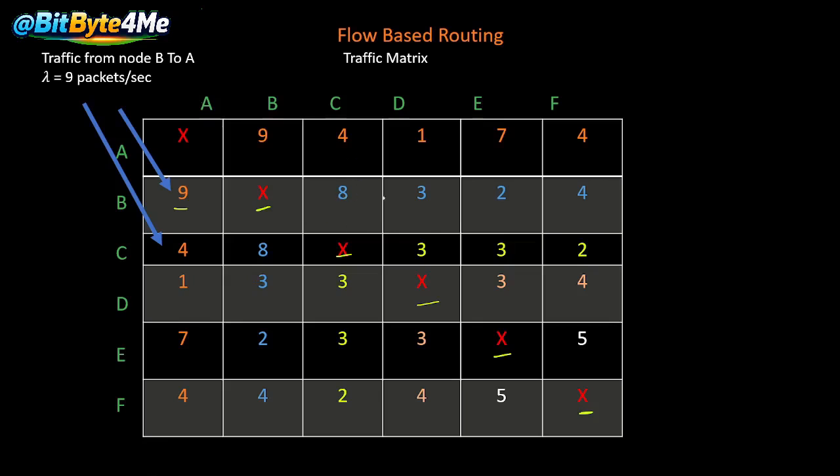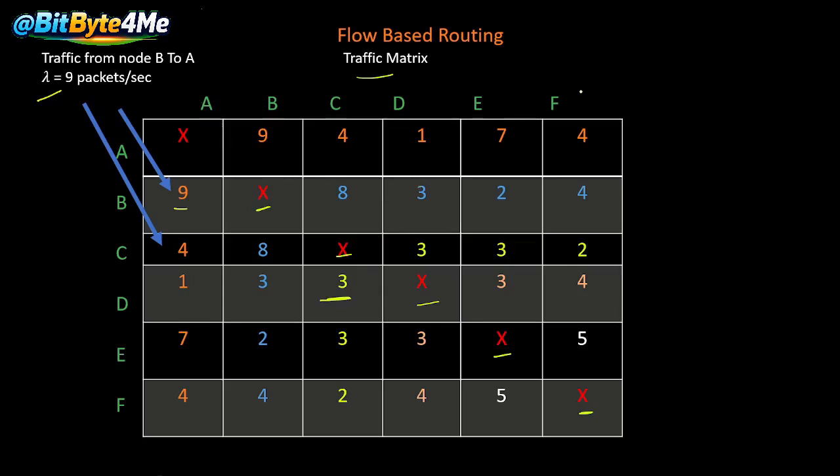Similarly, this entry is the traffic from D to A, and this is the traffic from C to D. It's the same in both directions. So this is the traffic matrix which is required for the value of lambda, and then we can calculate the time delay.